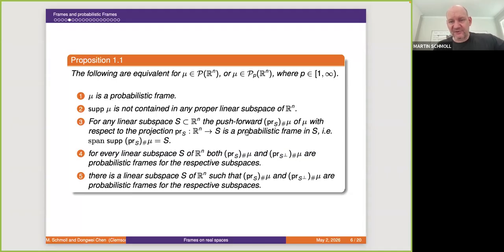If the measure is a probabilistic frame, then its projection is a probabilistic frame on the smaller subspace, whatever that is. It just has to be a linear subspace, and linear subspace is really important. You cannot have something that looks, let's say, affine linear but doesn't go through zero.